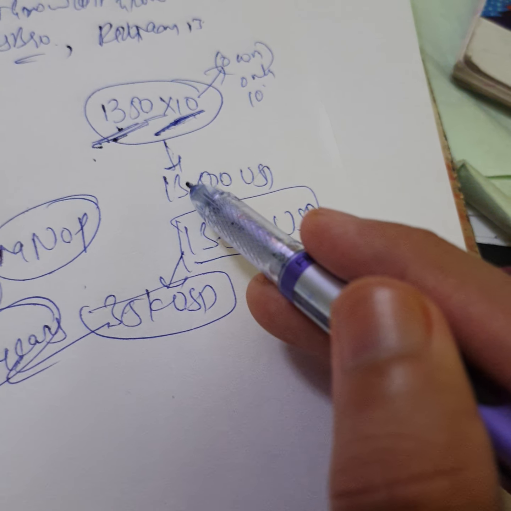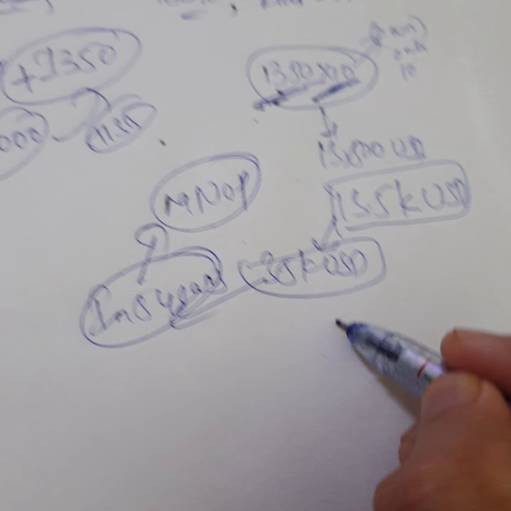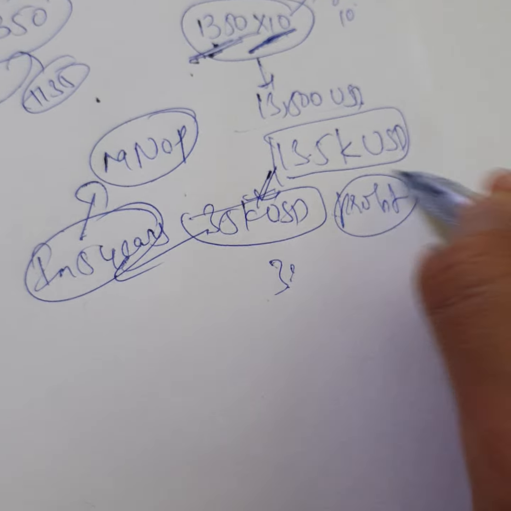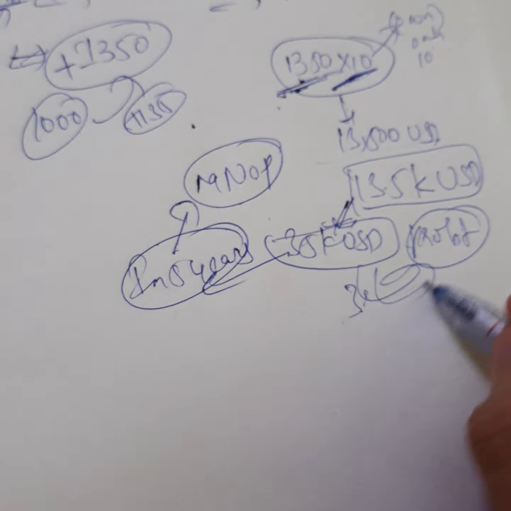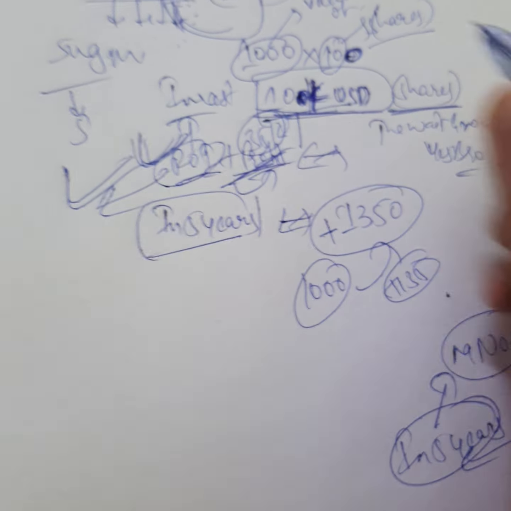So now your valuation is 13,500. What is the profit? 3.5k USD is the profit. The return of investment happened, then what about the profit? That's 3.5k, that is useless.